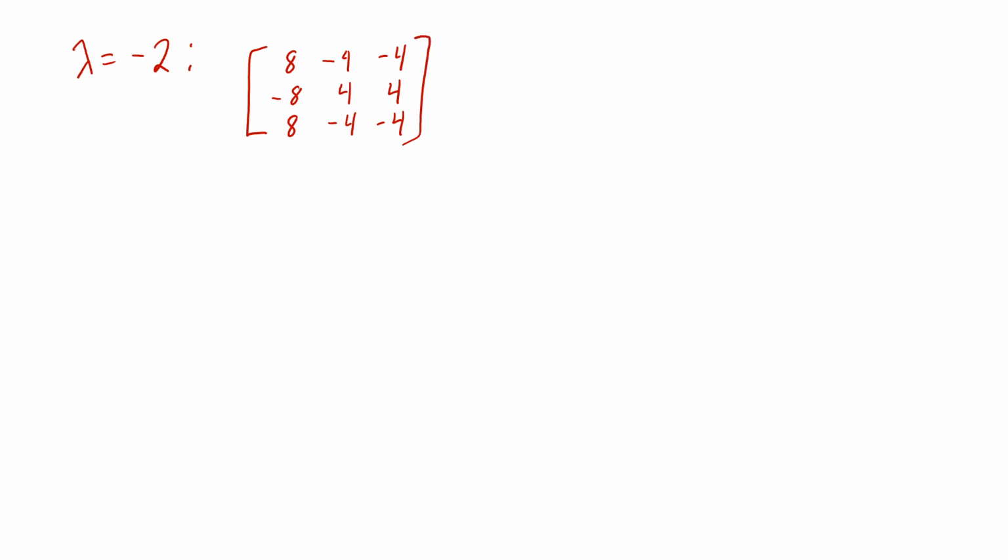That's the matrix you get when you take A plus 2 times I. Row reduce, go through all the steps, you are going to end up with this matrix. So you can see from this matrix, you have one pivot point. So that means the null space is going to be dimension 2. So right away, this is telling you that the basis is going to have 2 elements.